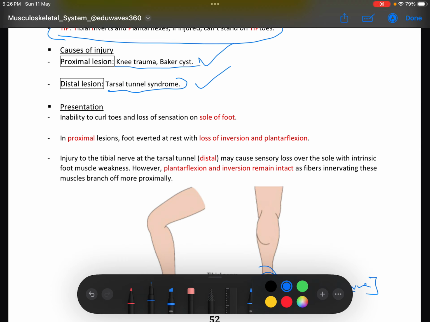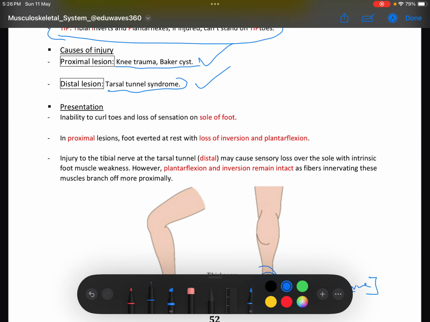If the patient is unable to walk on toes, then tibial nerve. If the patient gets foot drop, then we have to think of the common peroneal nerve. If the patient gets steppage gait, then we have to think about peroneal palsy. Okay, this is very important.